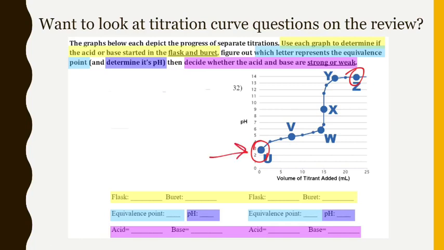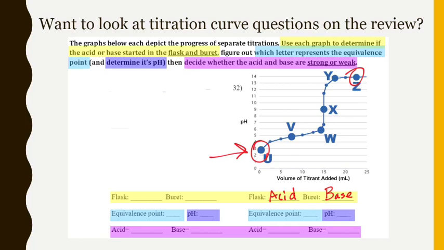So remember, the beginning point tells us about what's in the flask, and because that pH is less than 7, that means we started with the acid in the flask. The ending point pH tells us about what was in the burette, because that's on the base side of things, and because the acid was in the flask, either way, the burette must have the base.